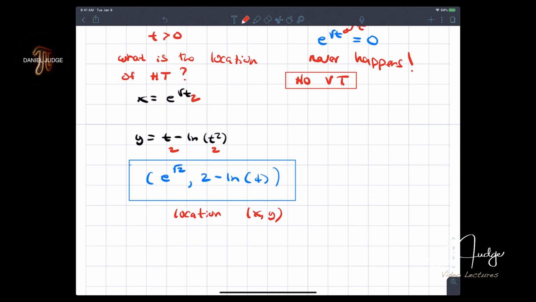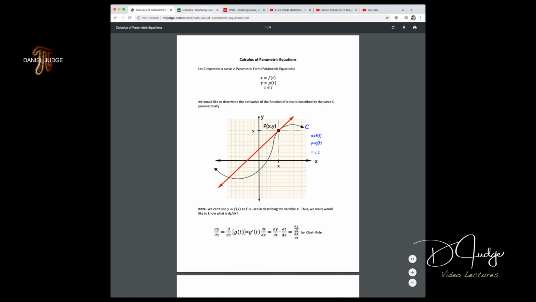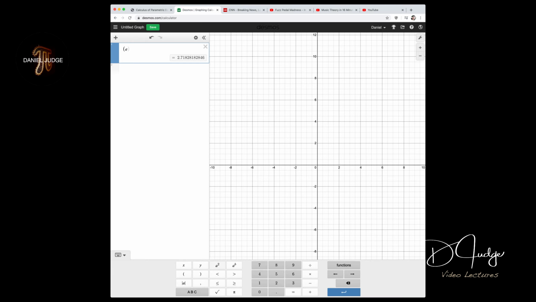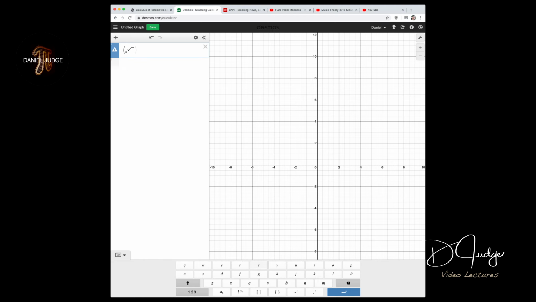All right, and I'm kind of curious here. Let's go back to the browser, and I'm going to try something for you guys. I'm going to put e to the power of the square root of t, and I have to find the parameter t.